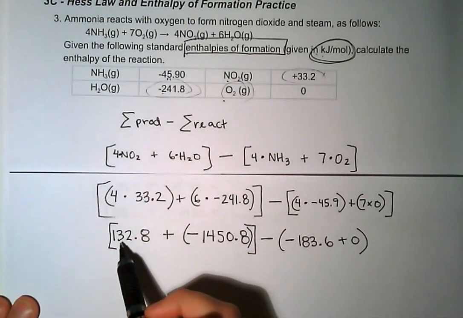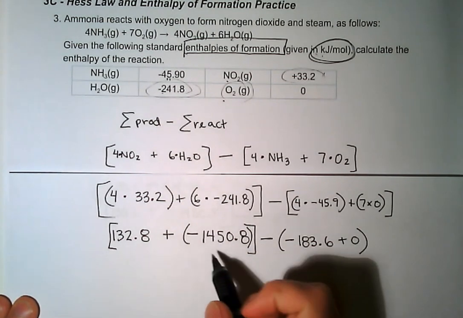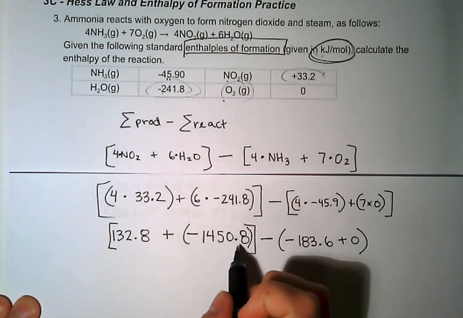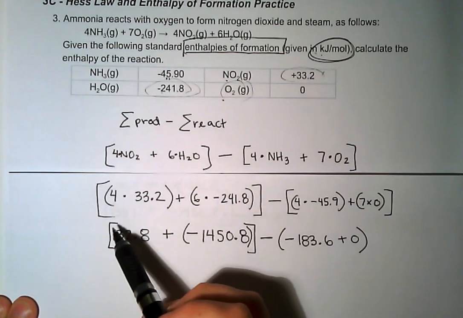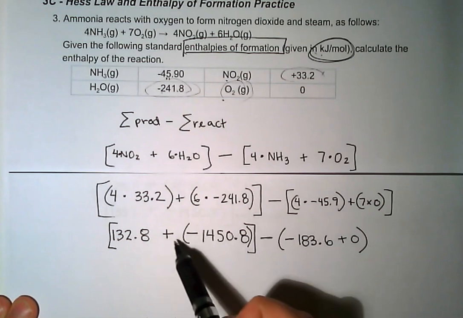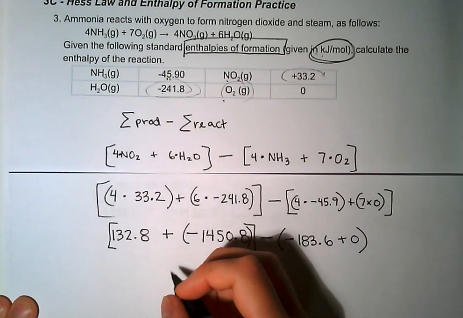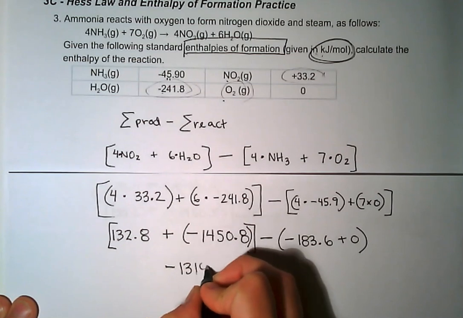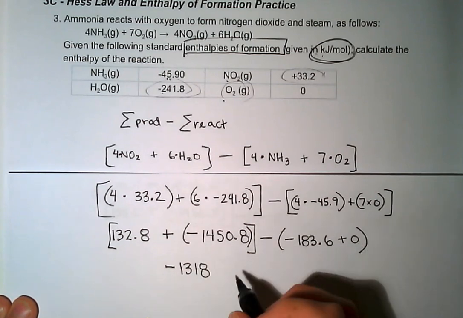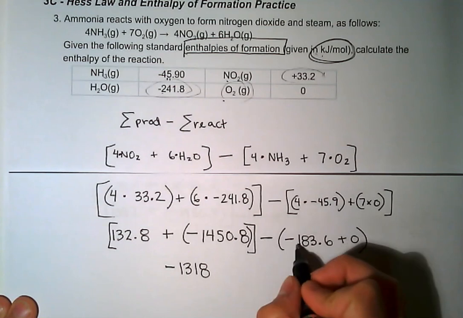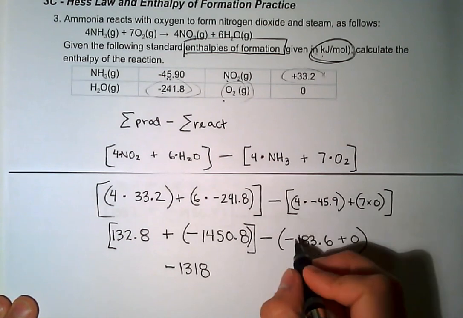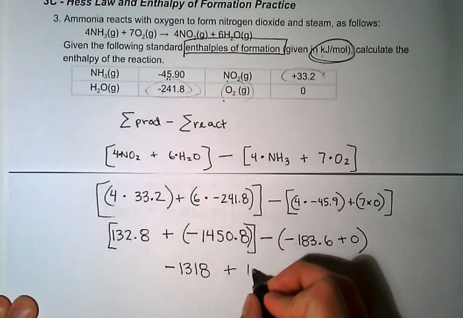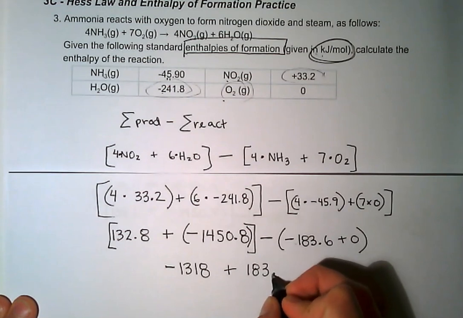So now we have 132.8 plus a negative 1450.8. So that's the same as doing 132.8 minus 1450.8, and that gives us negative 1318 put together. And then we're doing minus a negative value, which changes to a plus 183.6.